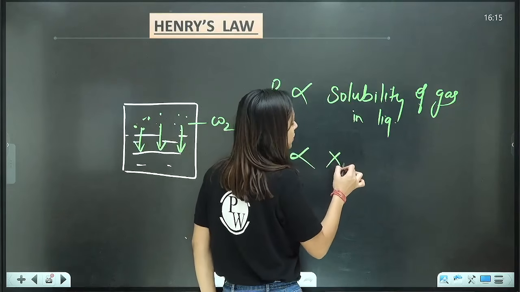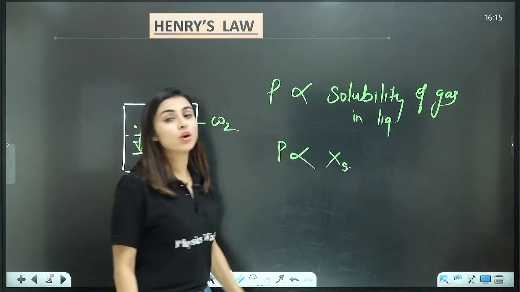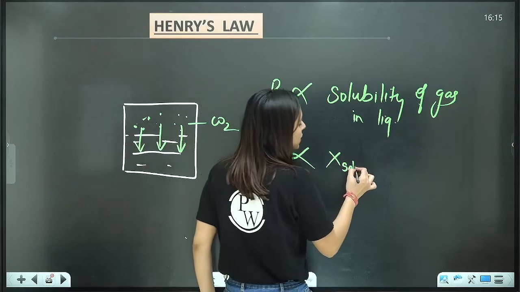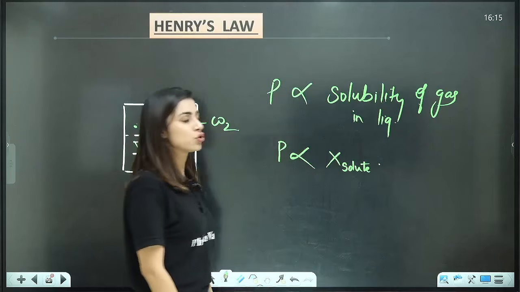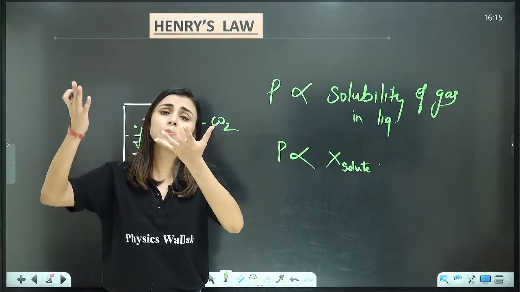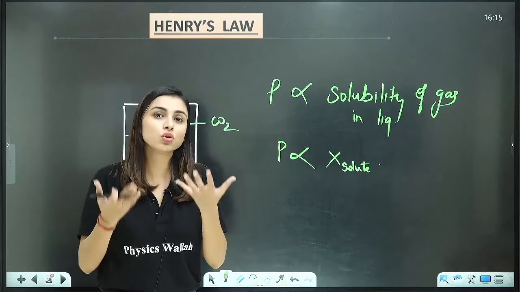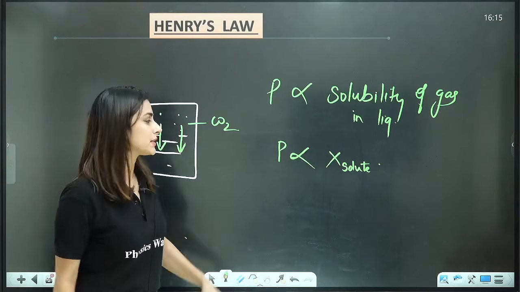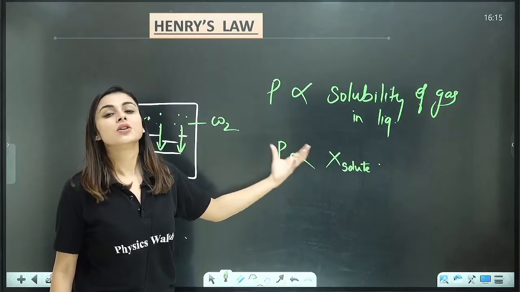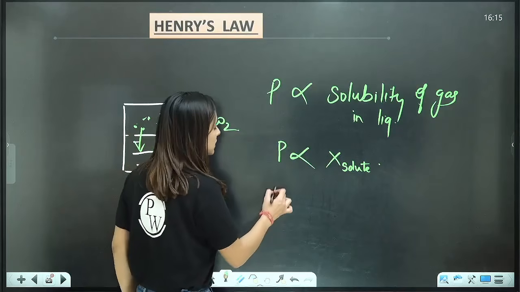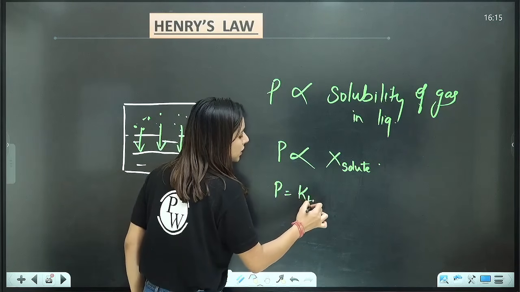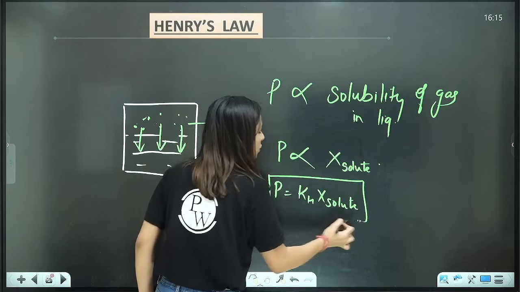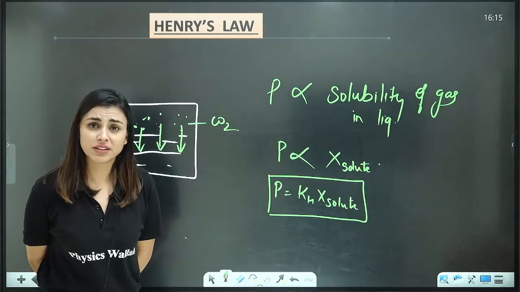The more the pressure, the more will be the mole fraction of solute in the solvent. So here I have written that it is directly proportional to the mole fraction of solute. If you increase the pressure, the gas, that is your solute, would have more mole fraction. Now you have to remove the proportionality. You have to add a proportionality constant. So P is equal to KH into mole fraction of solute. So this was the major expression of Henry's law.